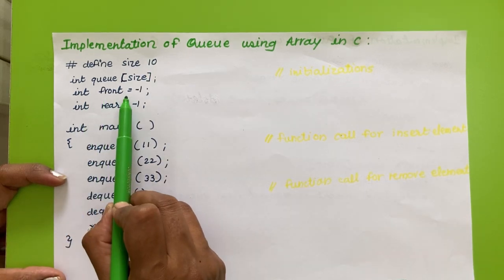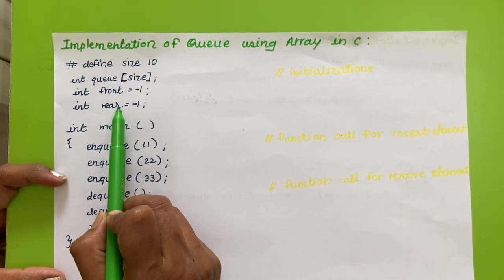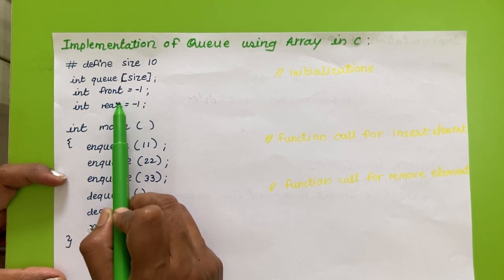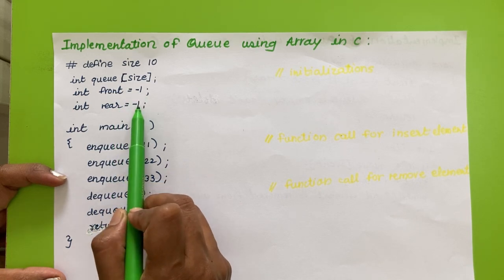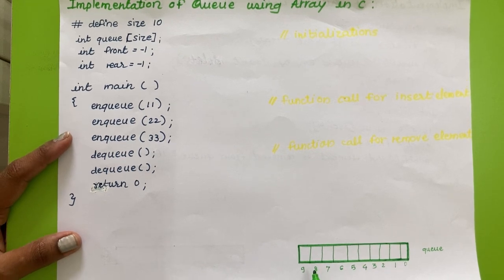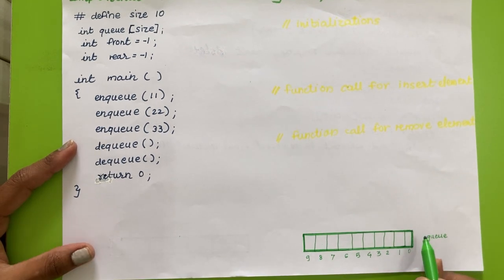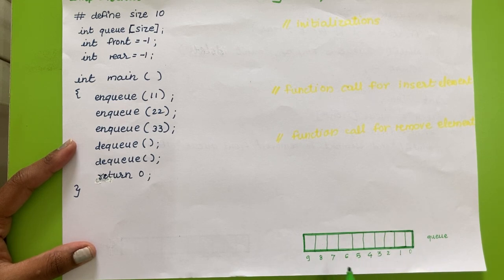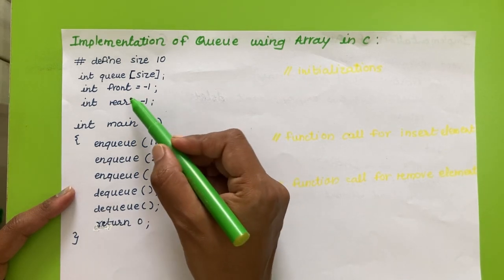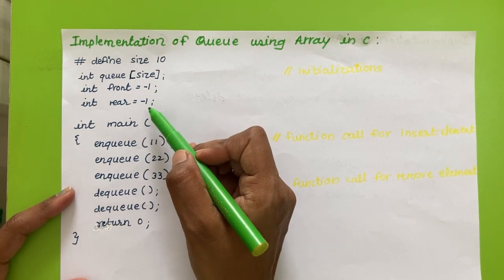Next we'll require two variables, one for front and one for rear, and we have initialized them to -1 because we don't have a single element present in the queue. So this is the queue named queue of size 10, from 0 to 9 elements. Yet we haven't inserted any element in this queue. So our front and rear will be initialized to -1.